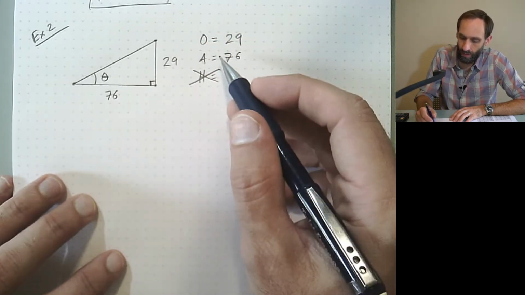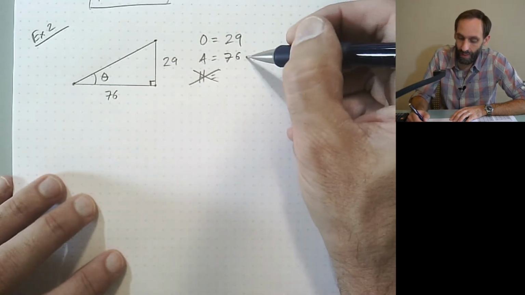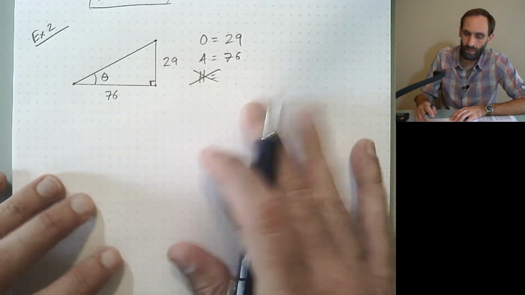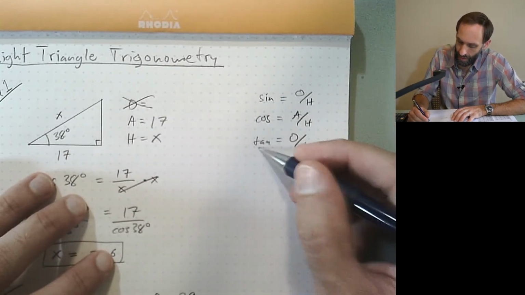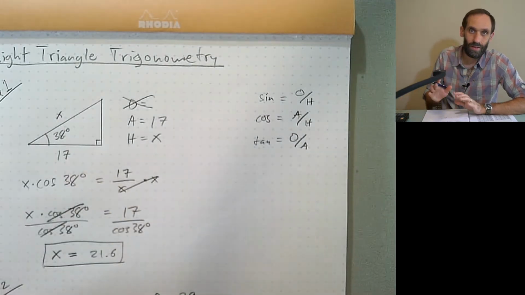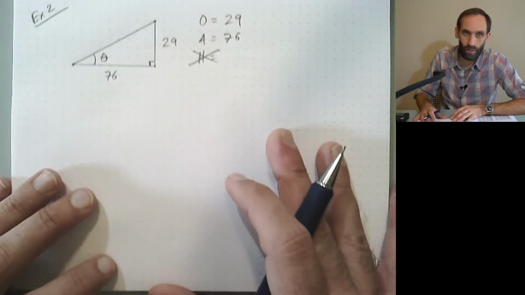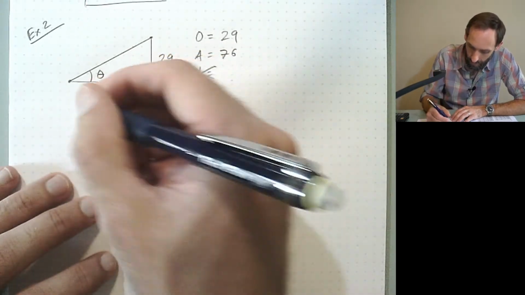So I want to find the ratio that involves the opposite and the adjacent, but not the hypotenuse. So I can go up here and look, and I see, okay, tangent is equal to the opposite over the adjacent and doesn't include the hypotenuse. So I'm going to want to use the tangent ratio. So let's go ahead and write that here.